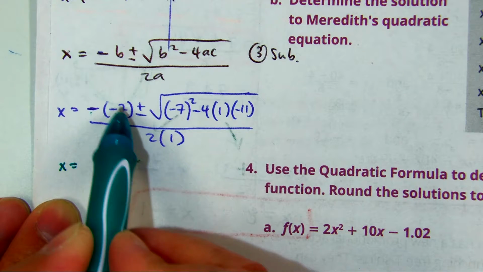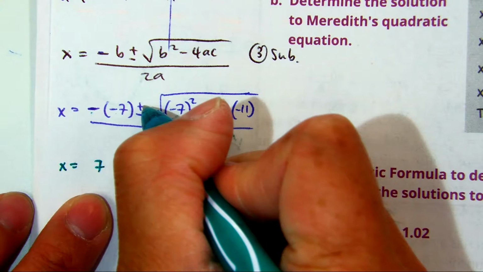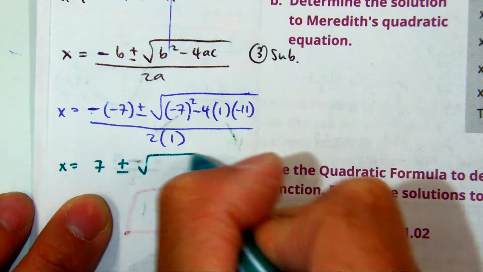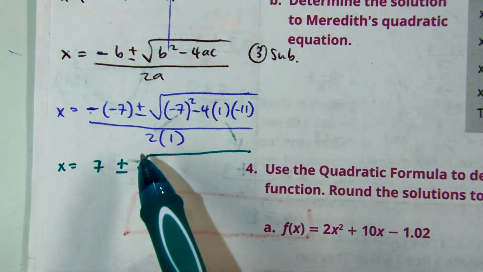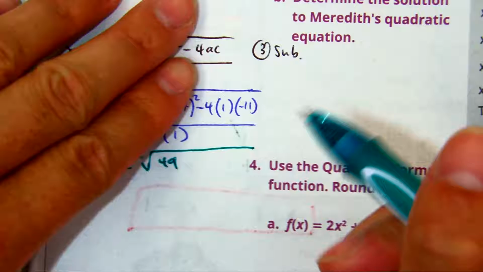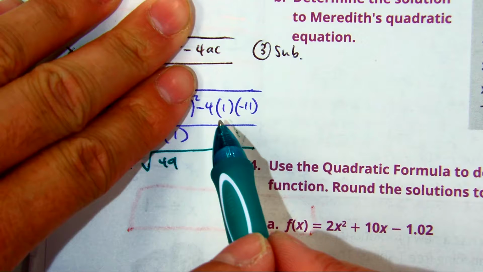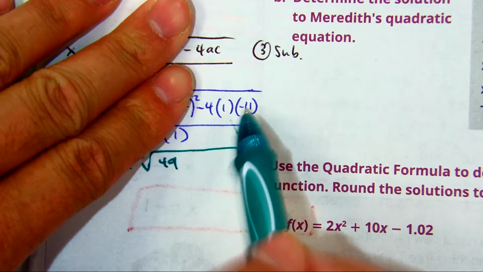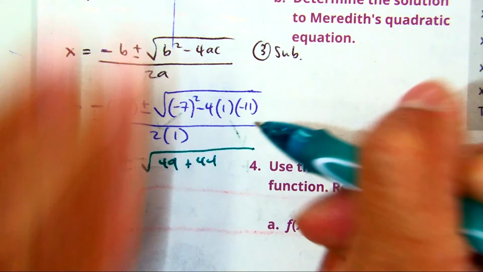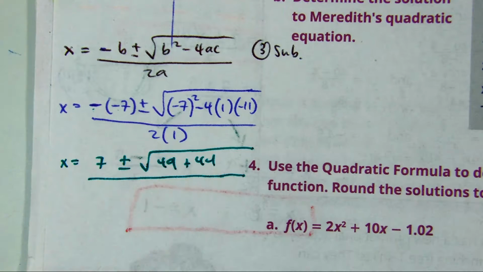And what do you get here? +7. -7 squared. -4 times 1. Positive or negative? And -4 times -11? And Alejandro, 2 times 1? 2.